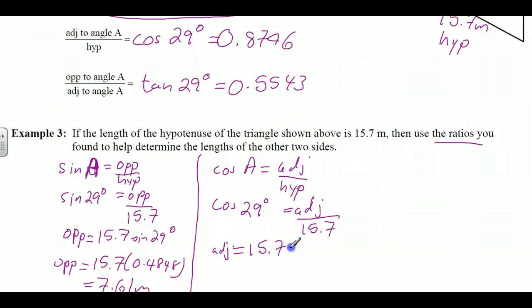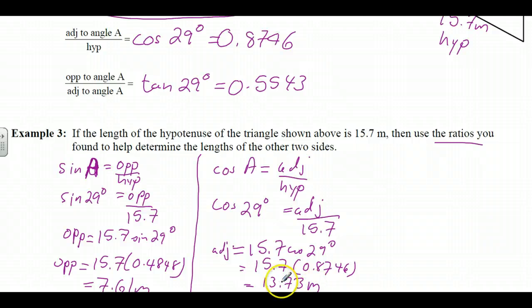So 15.7 cos 29 degrees, which we worked out, 15.7 times 0.8746, which is 13.73, and there are units. Sometimes we'll do triangles, there won't be units, but there are units associated here.